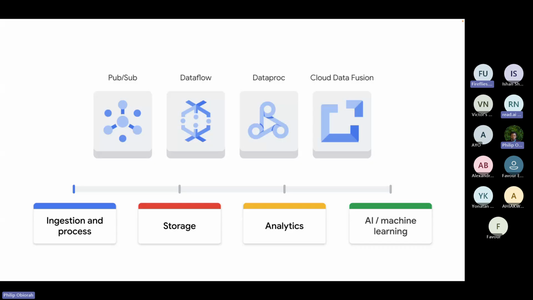But in this asynchronous messaging system, let's say for example you have a mobile app sending clickstream data in real time. Pub/Sub will act as a buffer. You capture millions of events per second, and the processing pipeline will not be overwhelmed, because you're not trying to process everything in real time.